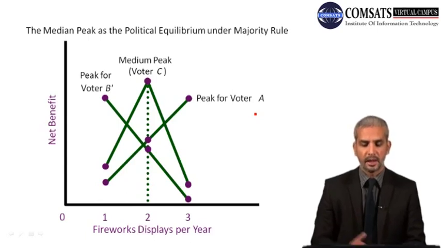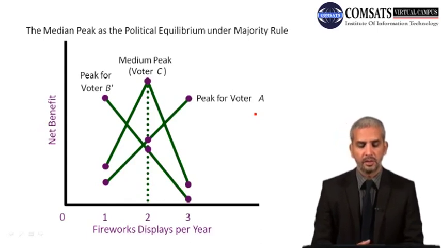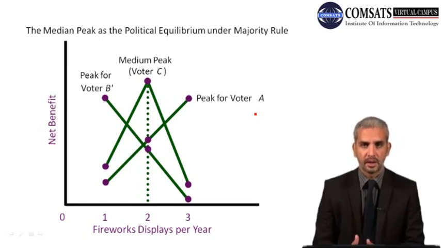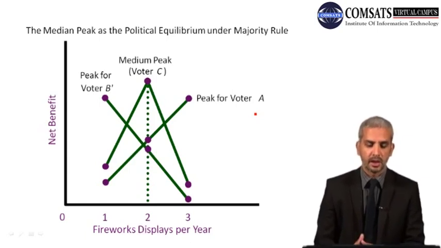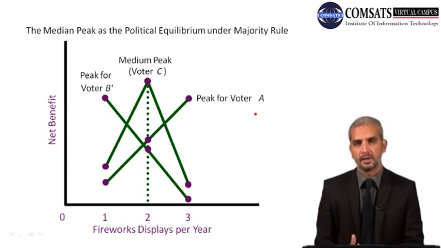The peak for voter A is represented by the line which starts from 1, goes to 2 and then 3 fireworks per year. In case of voter B, since he is with a single peak preference, he starts with one firework per year, that is his first choice, goes to second firework per year, that is his second choice, and then goes down to 3 fireworks per year, that is his third choice.